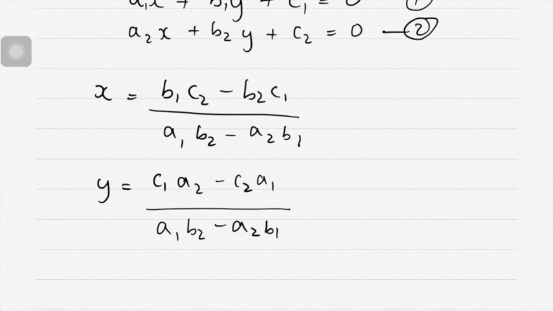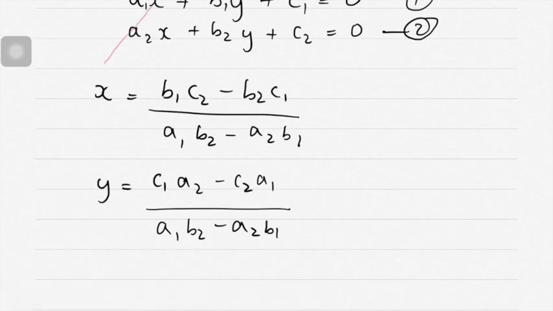Let's learn how these two formulas are derived. These formulas are derived using the elimination method. When you want to cancel the x terms, what do you do? You multiply equation 1 with a2 and equation 2 with a1.